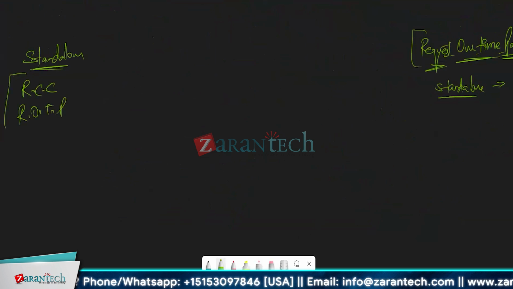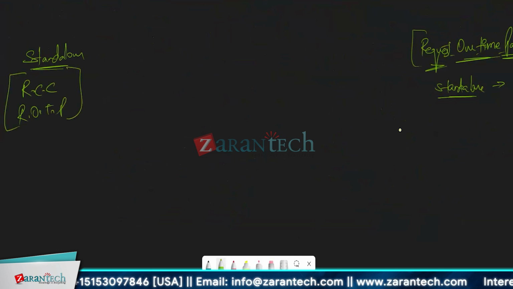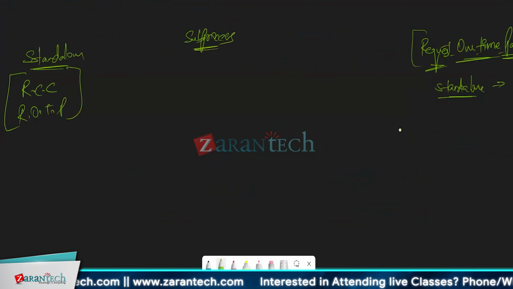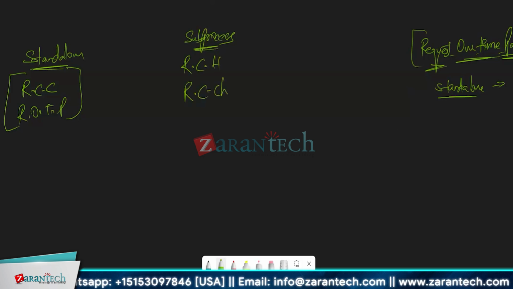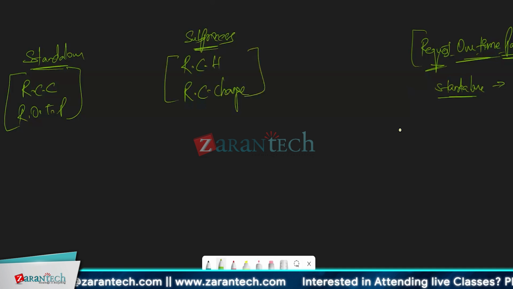These are standalone business processes, whereas these are sub-processes. What are sub-processes? Propose compensation hire and propose compensation change. These two are sub-processes in Workday.